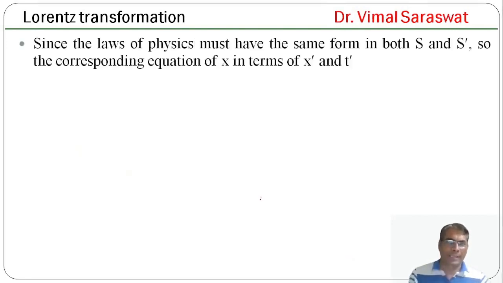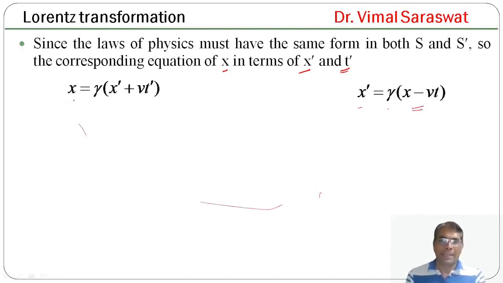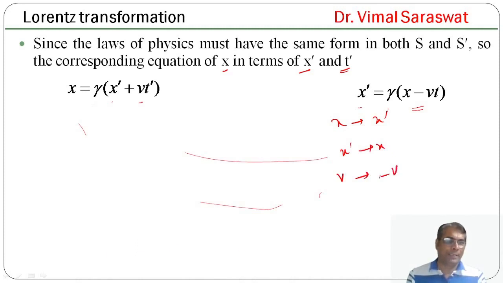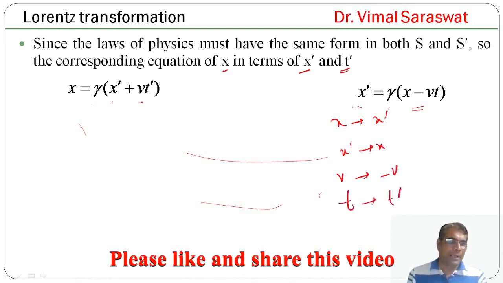Since the laws of physics must have the same form in both frames S and S dash, the corresponding equation of x in terms of x dash and t dash is x equals gamma into x dash plus vt dash. Here we replace x by x dash and x dash by x. Also, v is replaced with minus v and t is replaced with t dash.